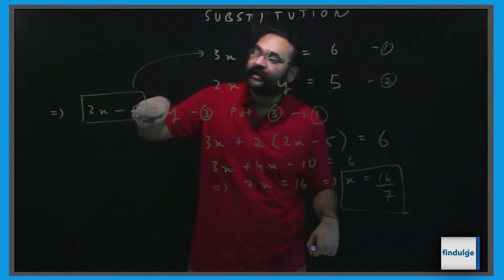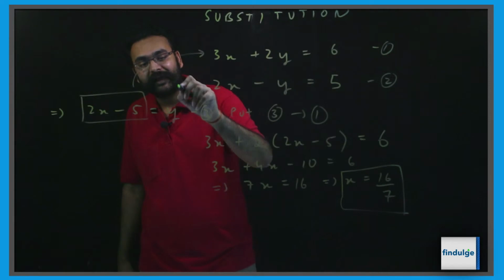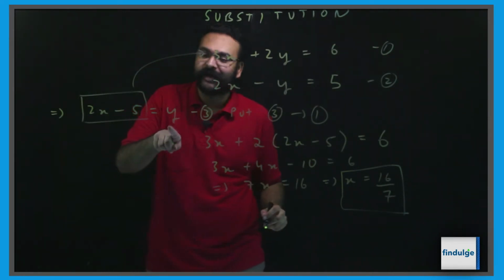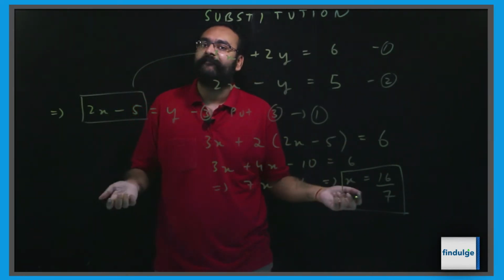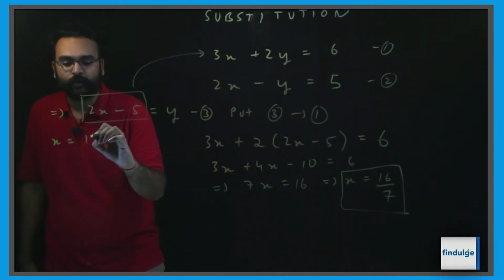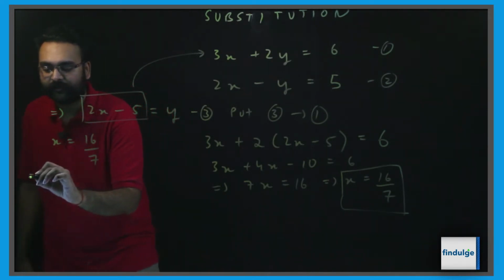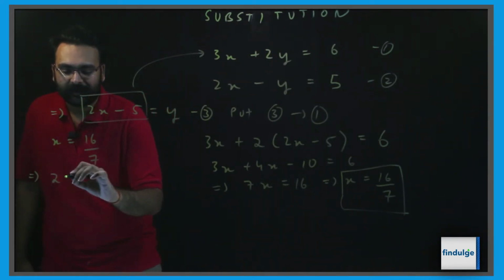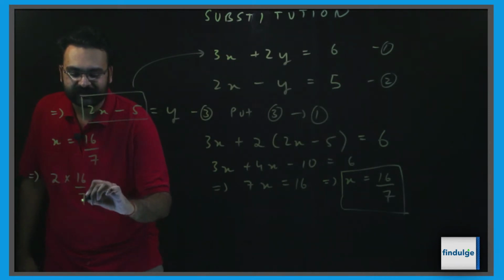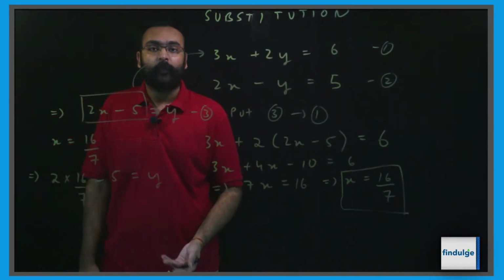Now I can come here, put the value of x into my equation 3, which will directly give me my y value. So by putting x equal to 16 by 7 into this equation, we'll get 2 multiplied by 16 by 7 minus 5 is the value of y.